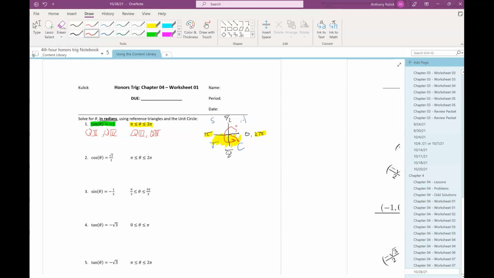So far, so good? So now I remember that tangent is y over x. So I'm going to go to my unit circle and look in quadrant 4 for a coordinate pair where I take the y coordinate divided by the x, I get -1.